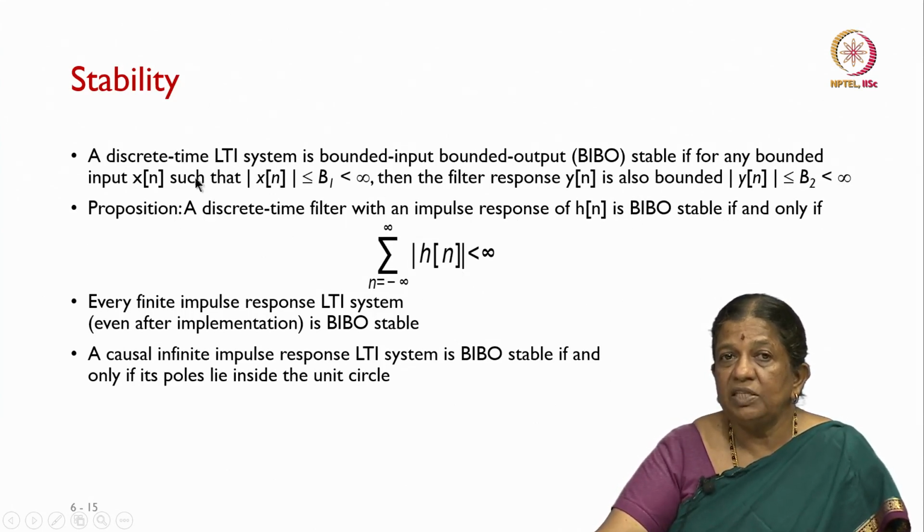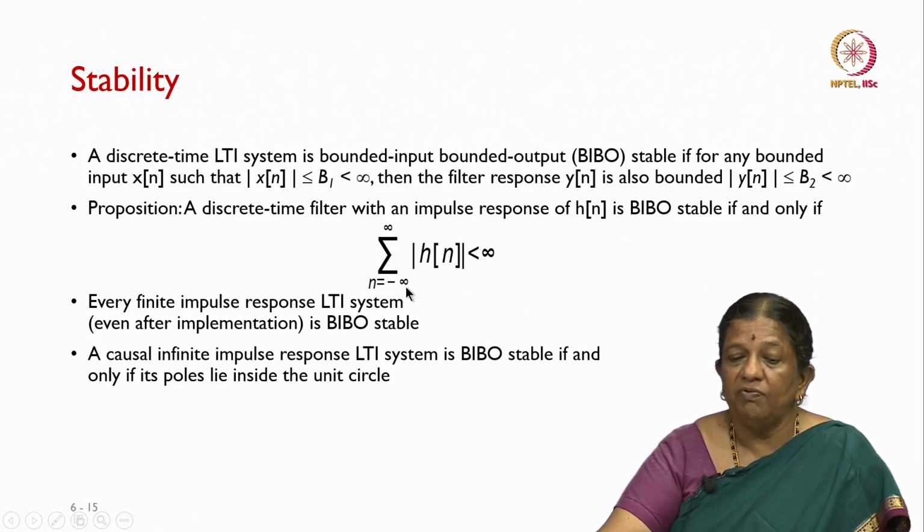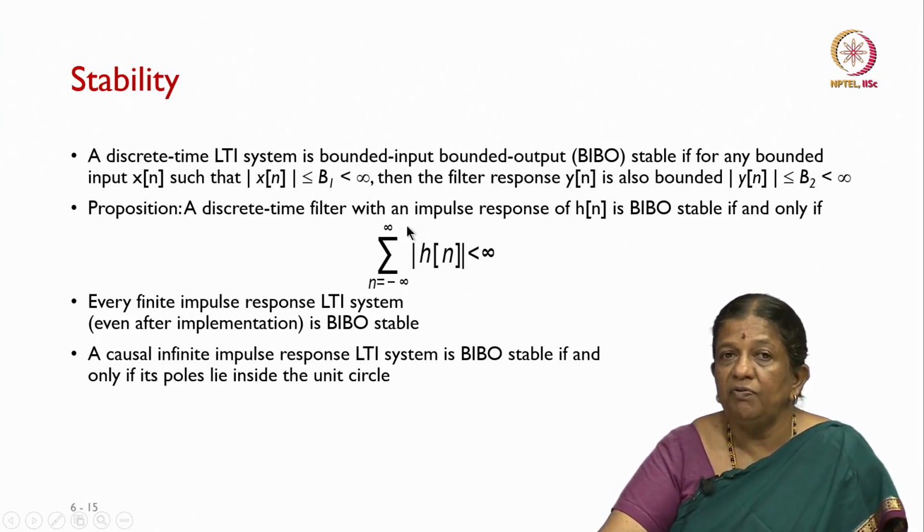So, we said x of n is bounded already, then the FIR filter is going to be stable, that is BIBO stable, if and only if the summation of the magnitude of our impulse response h of n is less than infinity for n varying from minus infinity to infinity.